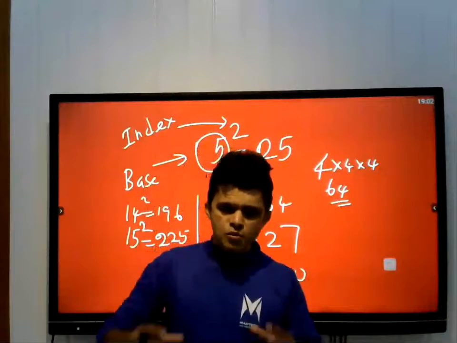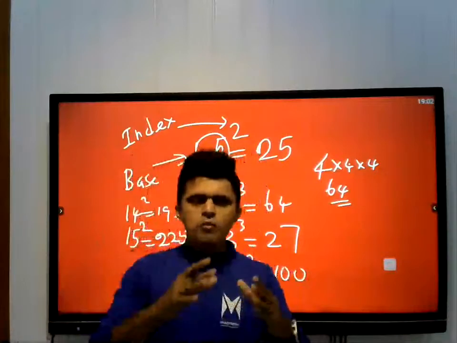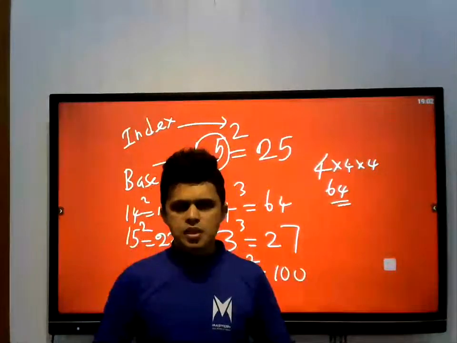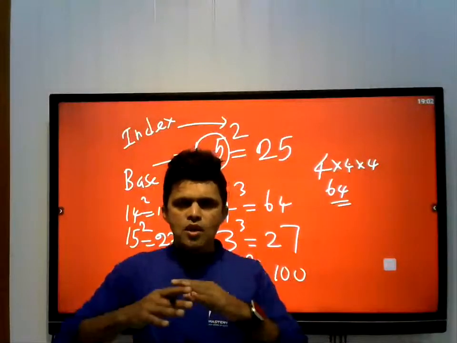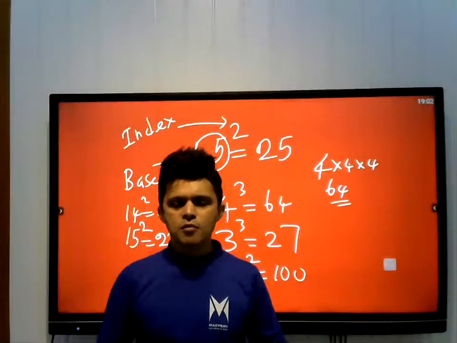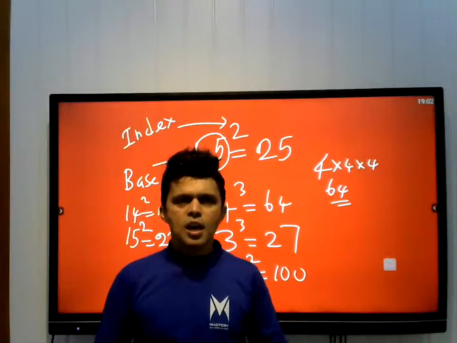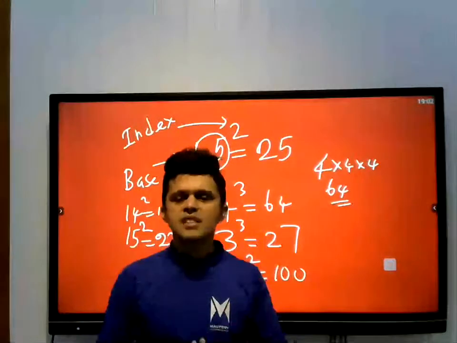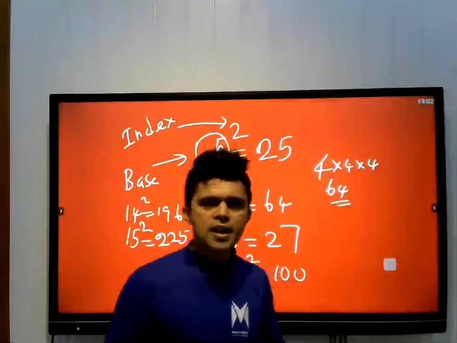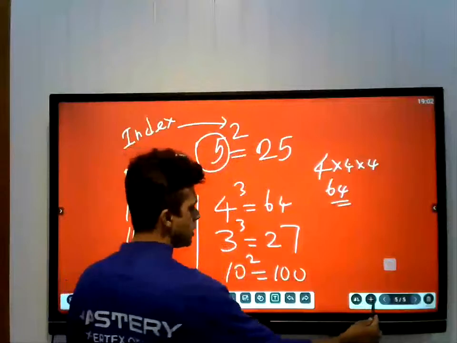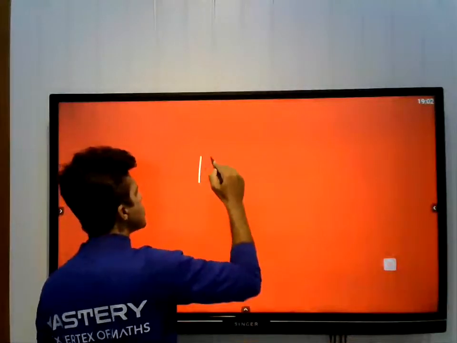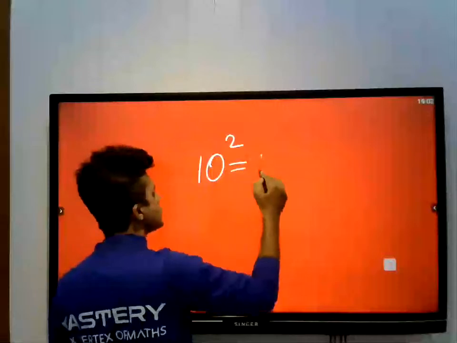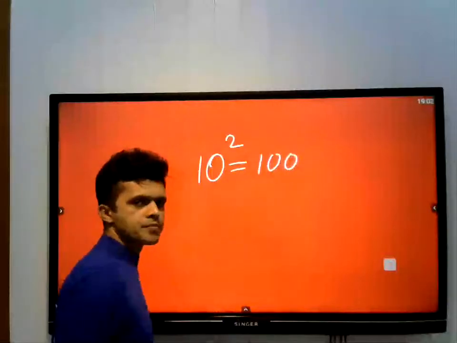This form is related to logarithms. Our topic of discussion is logarithms, and to understand the idea of logarithms, you need to know about indices. Think of this one: 10 to the power 2 equals 100.